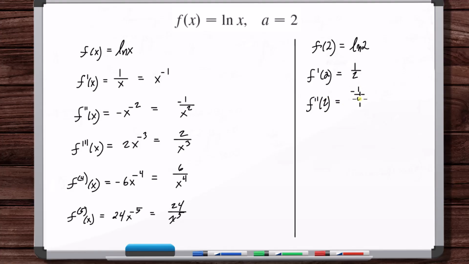Minus 1 over 4. 2 over 8, which is 1 over 4. Okay. This is divided by 2 is 3. So 3/8.